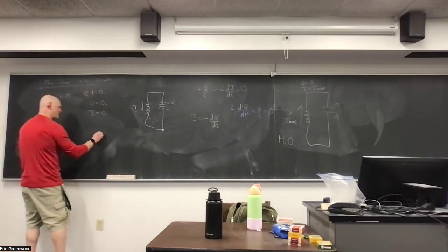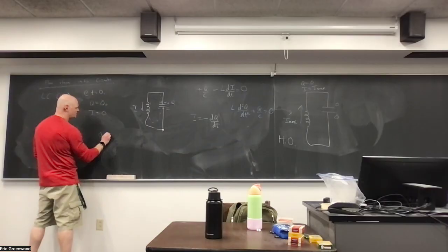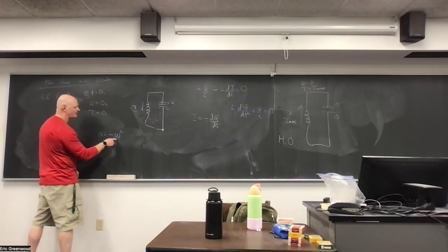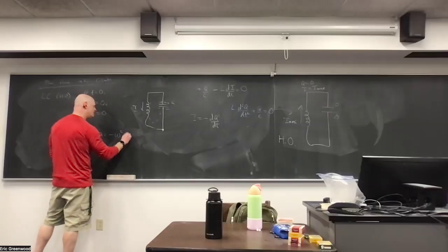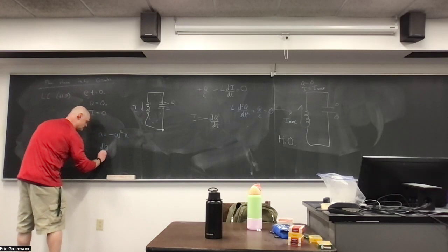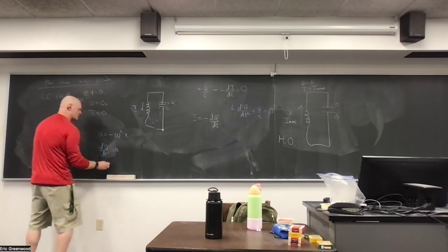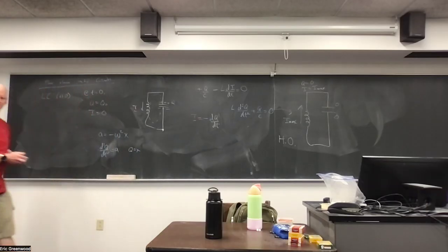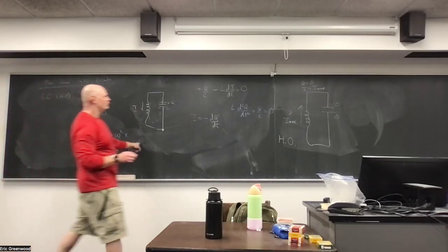Now, we said before that we want to get it in the form that the acceleration is equal to minus whatever shows up in front, which is the angular frequency squared, times the position. In this case, the second rate of change of the charge is the same thing as the acceleration, and the charge itself is the same thing as position. So let's make that look like this.